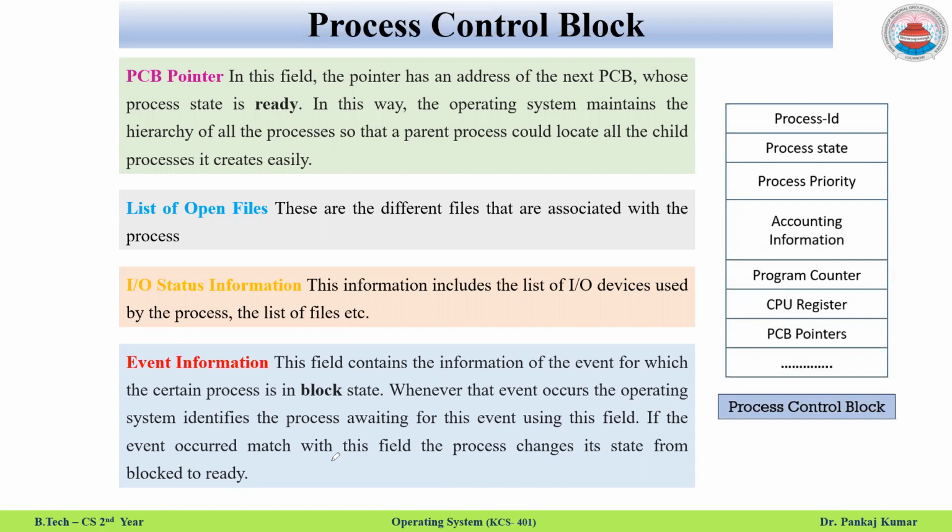Event information fields inform which process control block is in the blocked state. Blocked state means that due to some reason the operating system has blocked it.